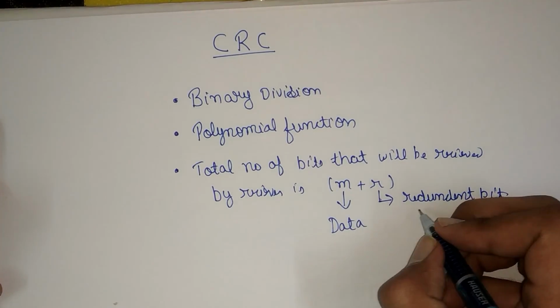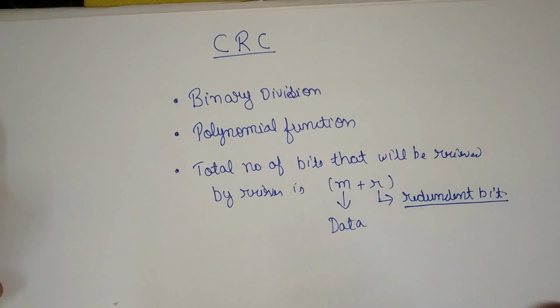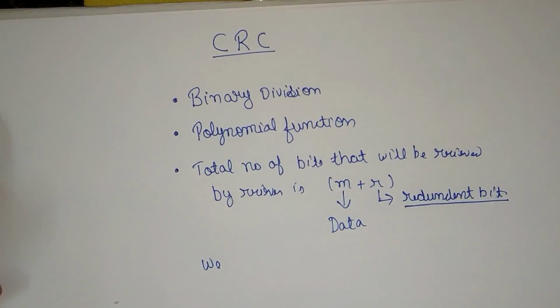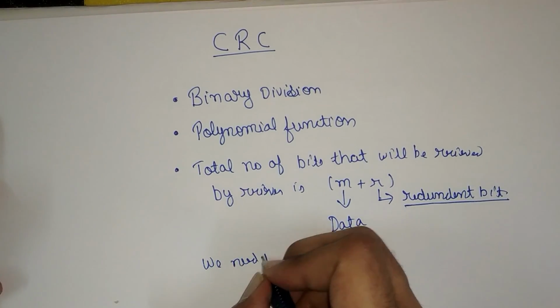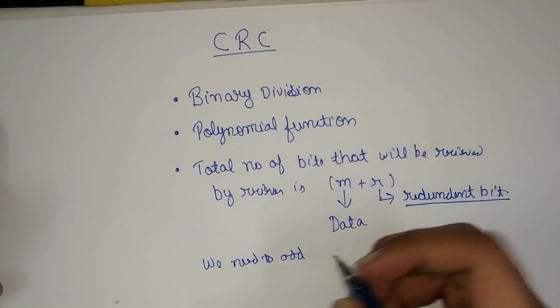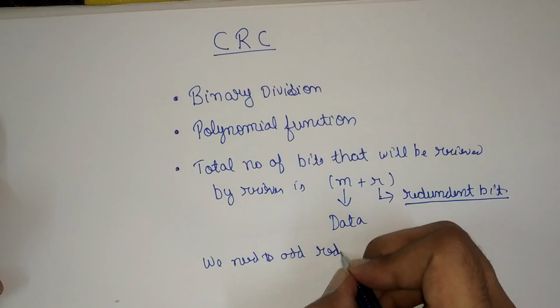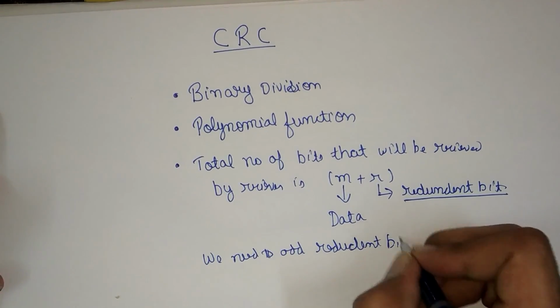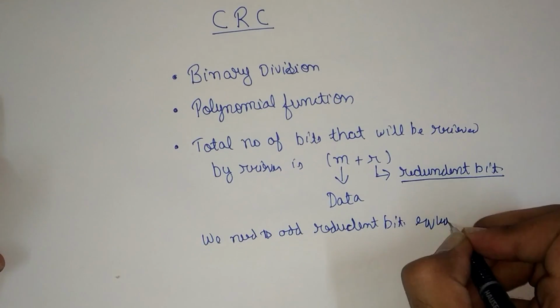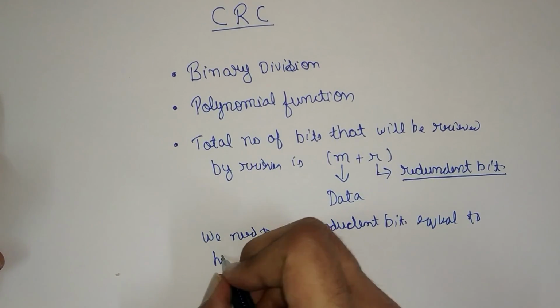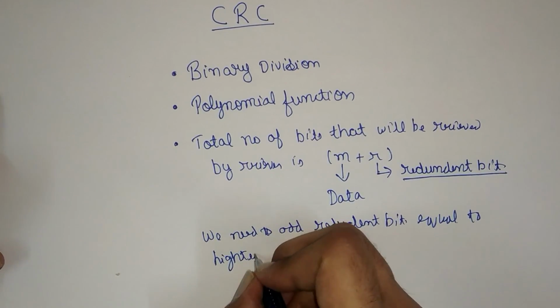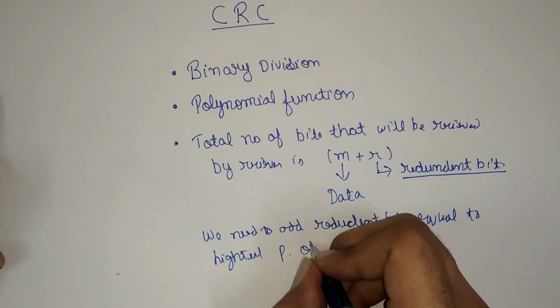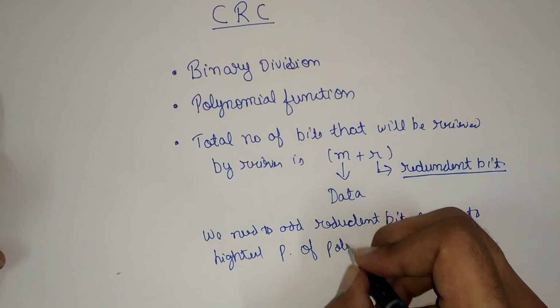So now let's talk about redundant bits. We need to add redundant bits equal to the highest power of the polynomial function.